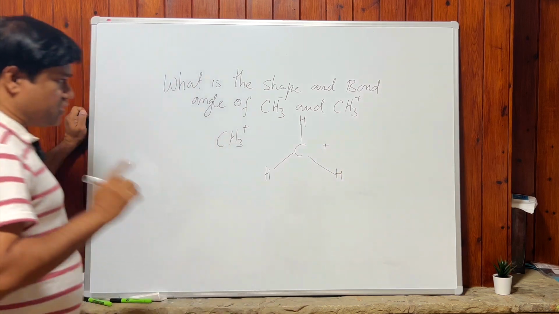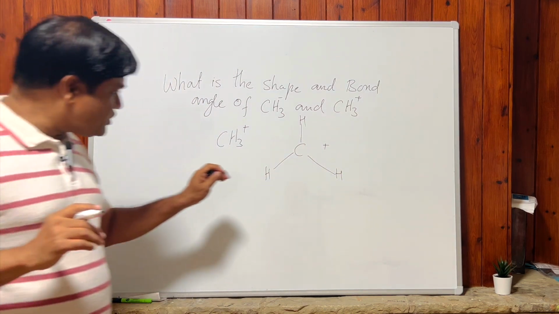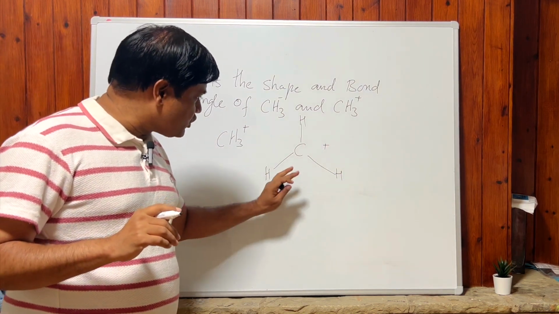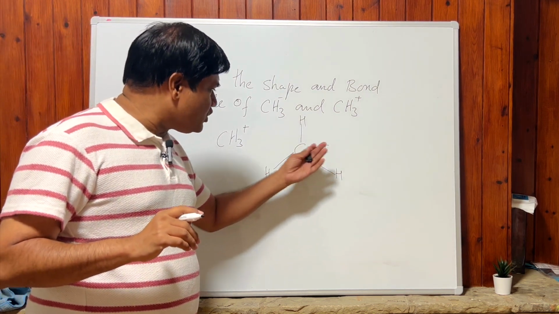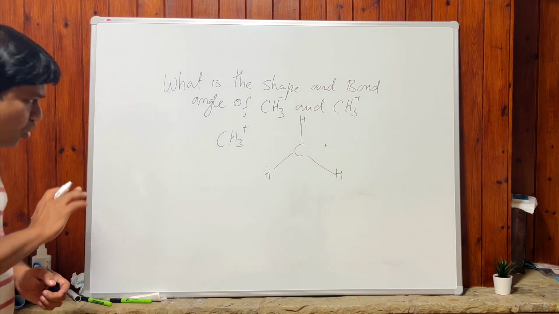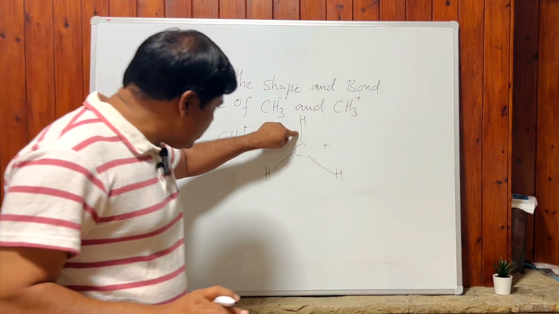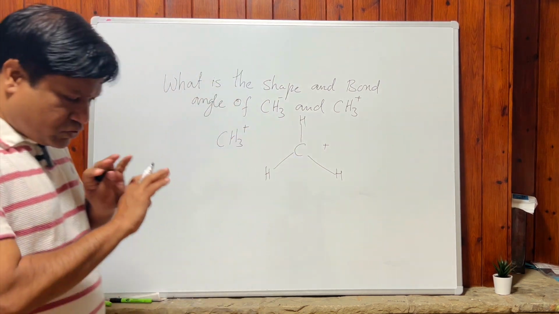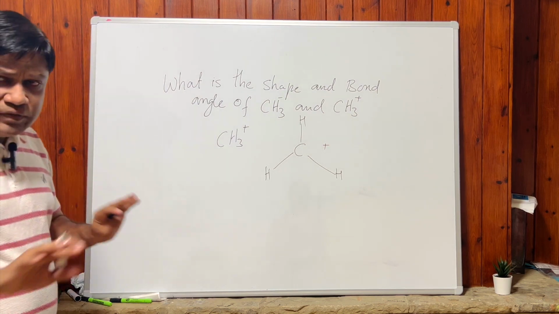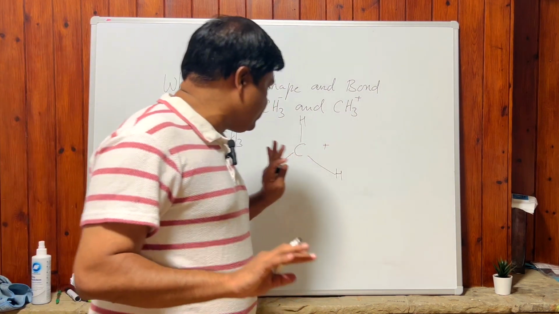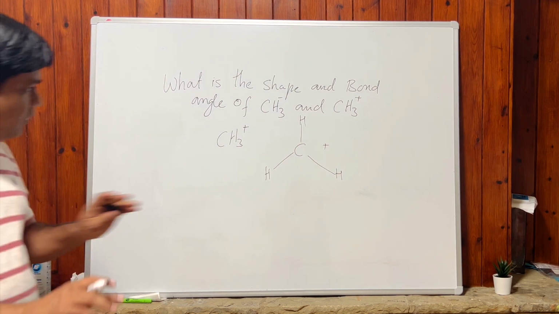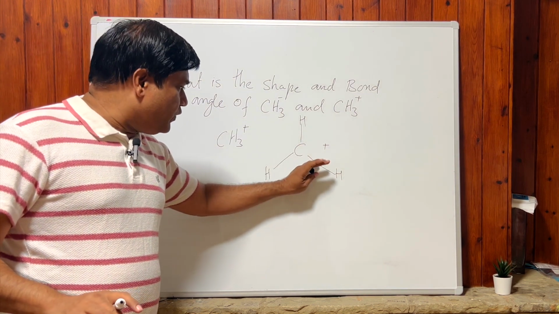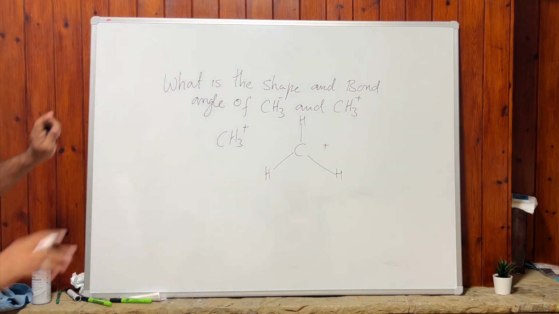I told you just now, positive charge has no electron. Positive charge compounds are deficient of electrons. So there will be no repulsion between the bonded pairs of electrons and a positive charge. So if a molecule has a positive charge, ignore that positive charge. Like a pi bond and a double bond, it has no influence on the shape of the molecule and the bond angle.